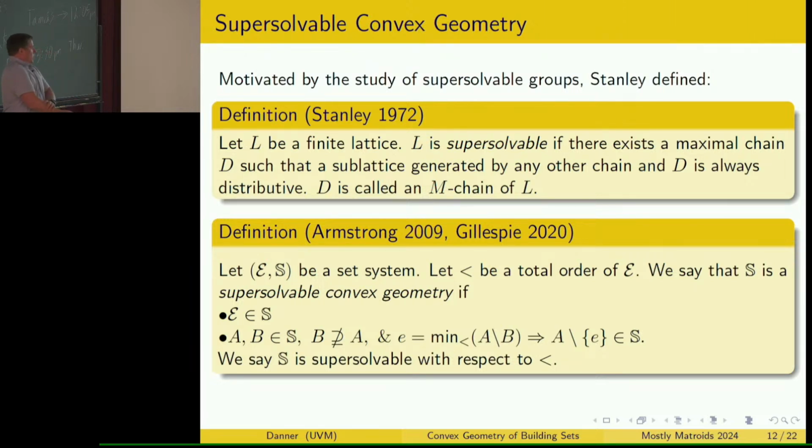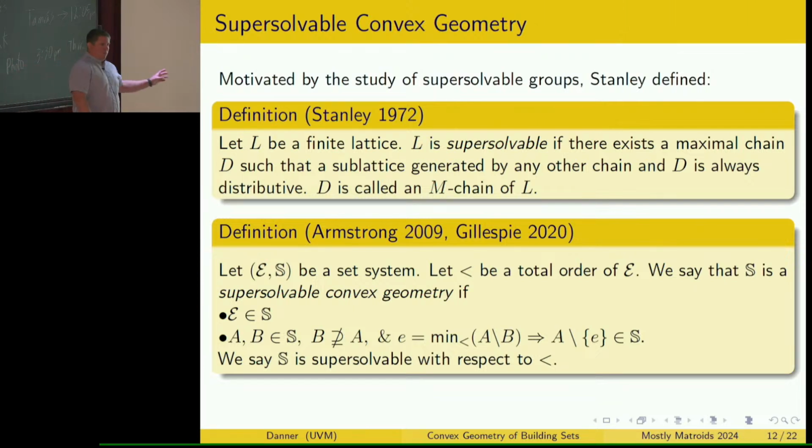Okay. In 2009, Armstrong discussed a supersolvable antimatroid, and then Gillespie in 2020 looked at the dual of that. So convex geometries and antimatroids are dual to each other, and in the supersolvable case, here's this.